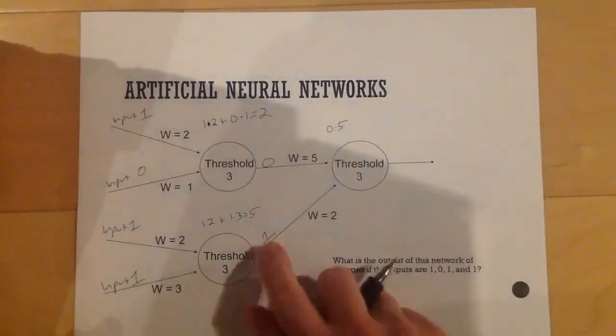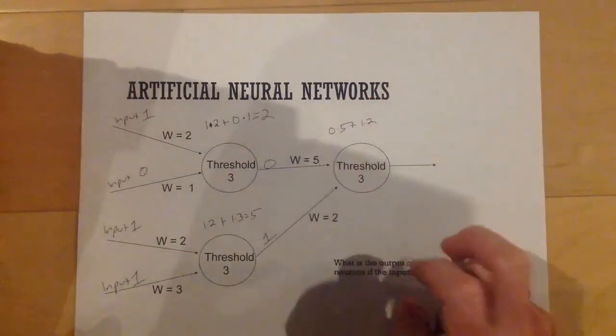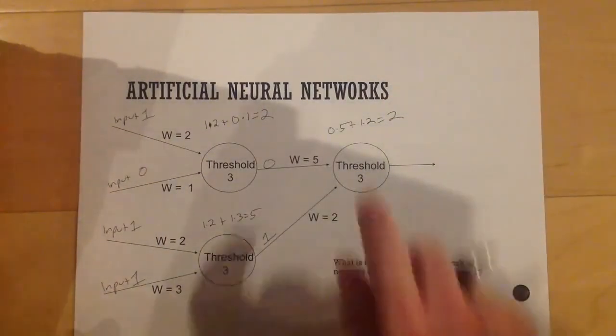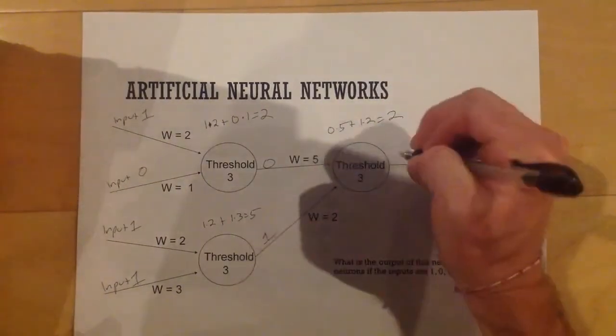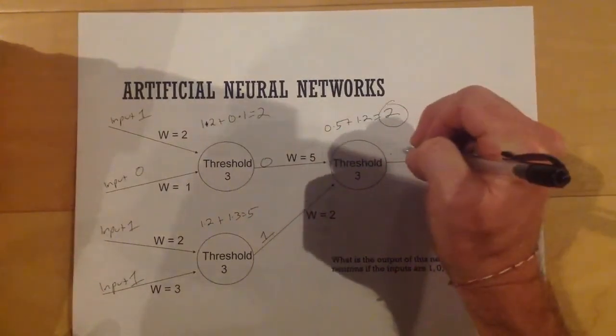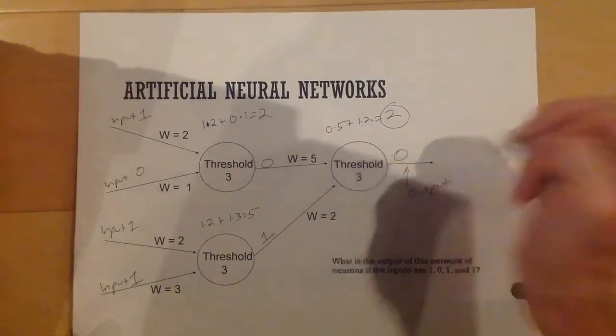So they just keep propagating through the network, plus 1 times a weight of 2 equals 2. The threshold is a 0. This is less than your threshold, so the output is a 0.